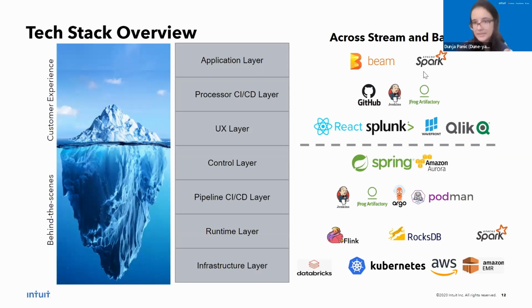And then there are processing frameworks that users will interact with to set up their application. Everything below the iceberg is something that we handle on behalf of our customers, running behind the scenes to make sure everything is working as it should.